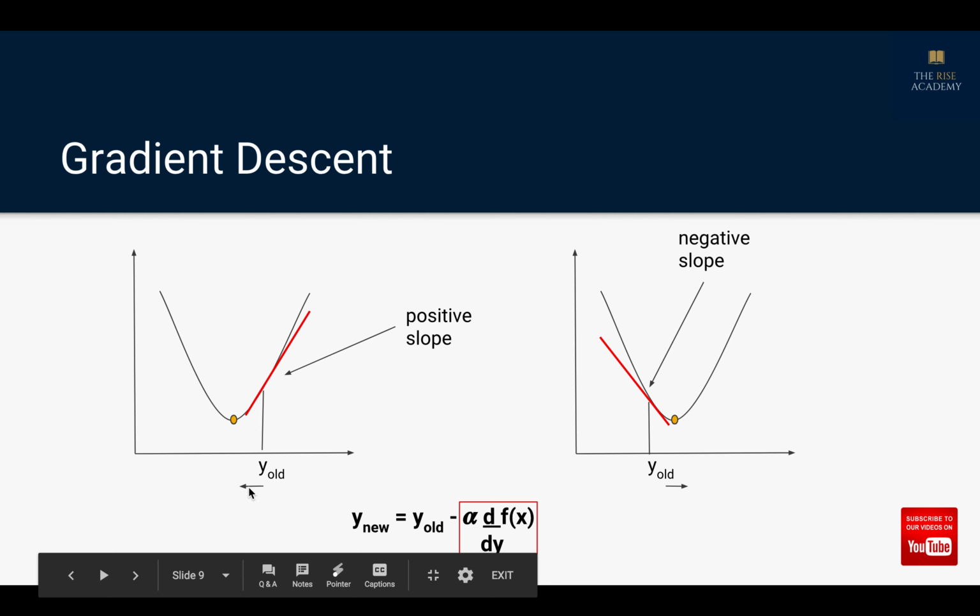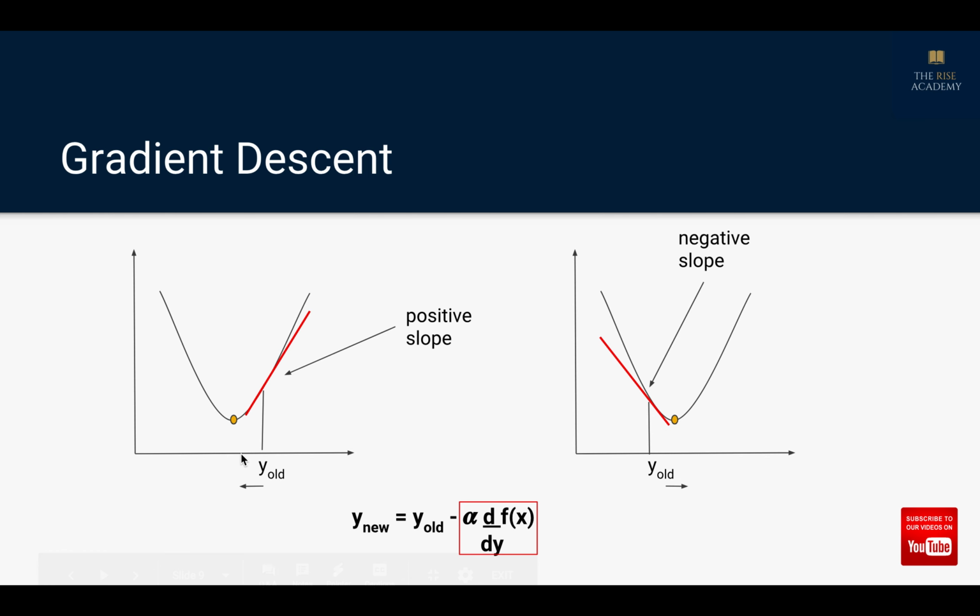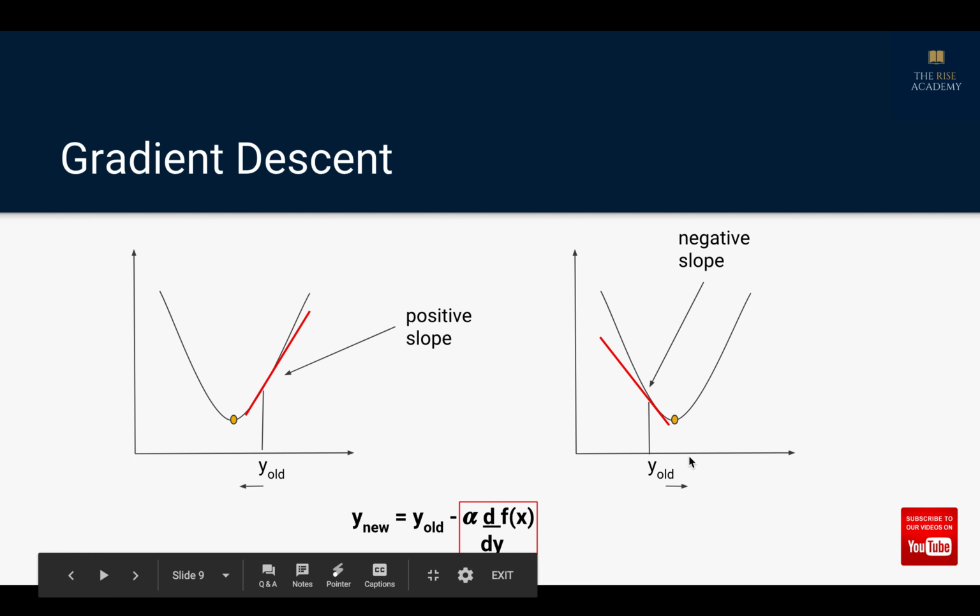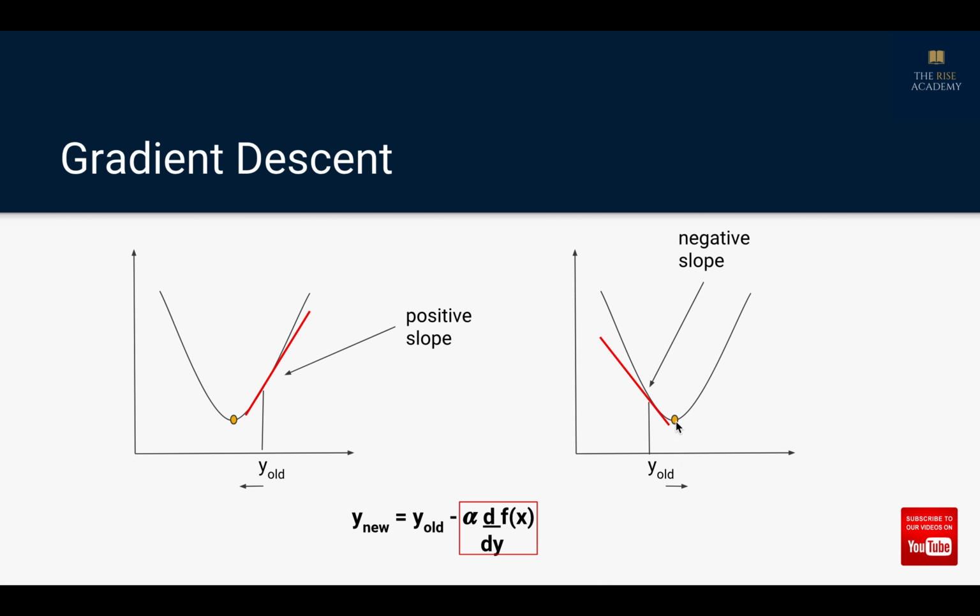Here it was moving towards the left, because we are subtracting something, but here we will add something, so it will move on the other side, which is once again closer towards the minimum point. So I'll move from here to maybe somewhere around here, and then we'll keep on moving till I reach this point.